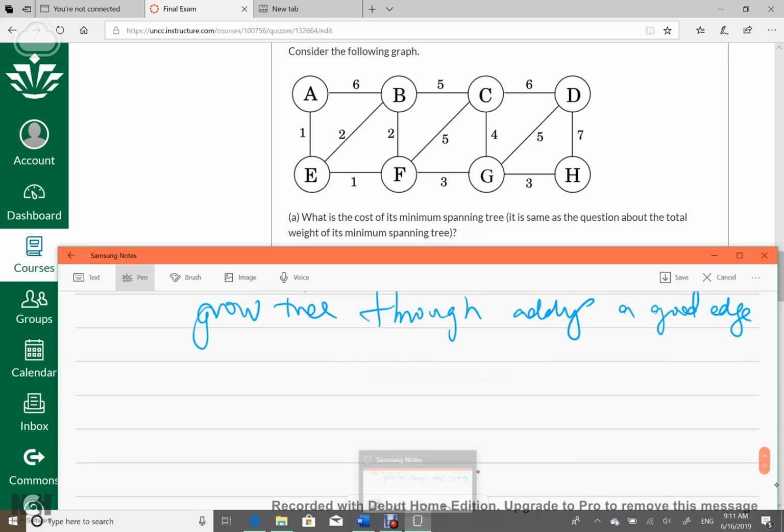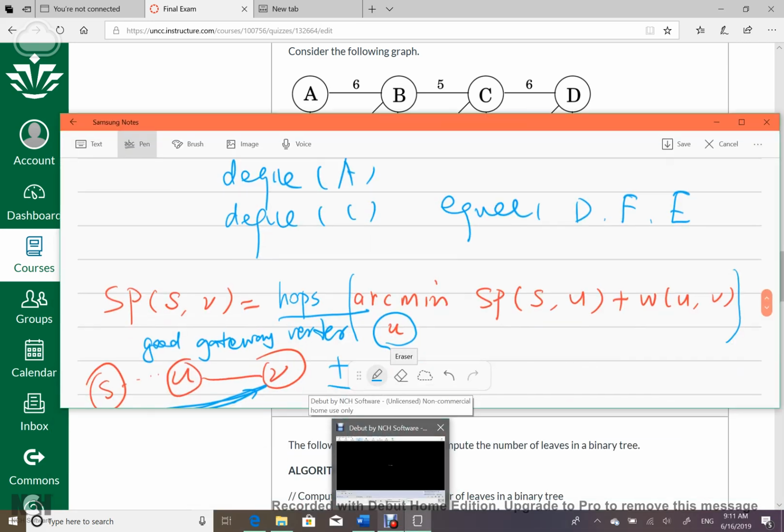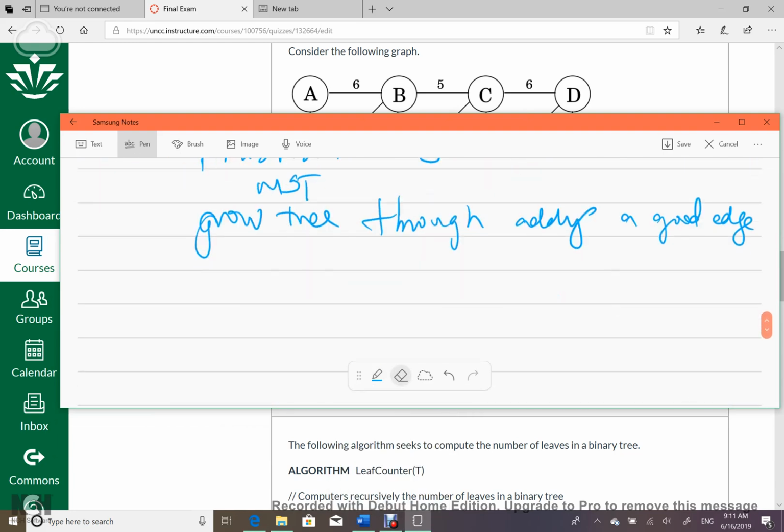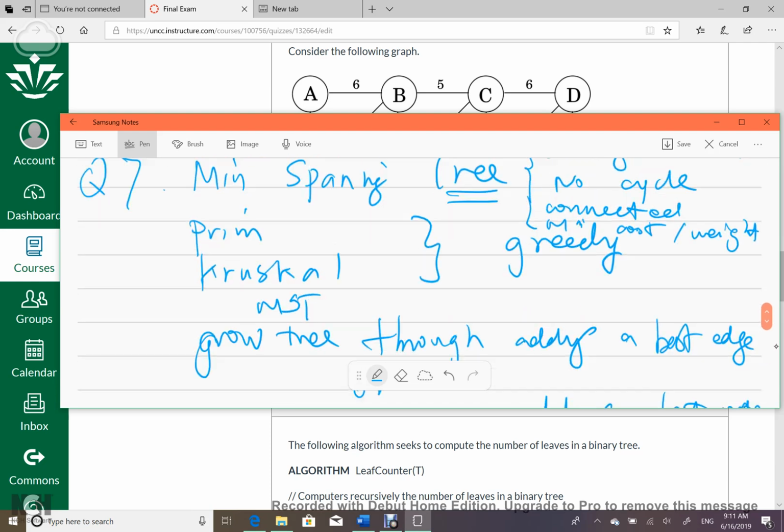That is one method, or you grow your minimum spanning tree through adding a best vertex. So these two methods, right?